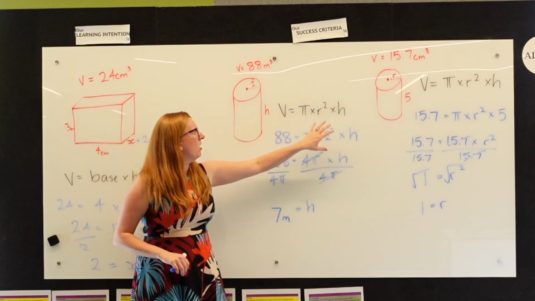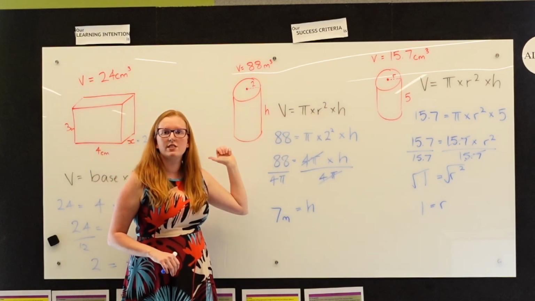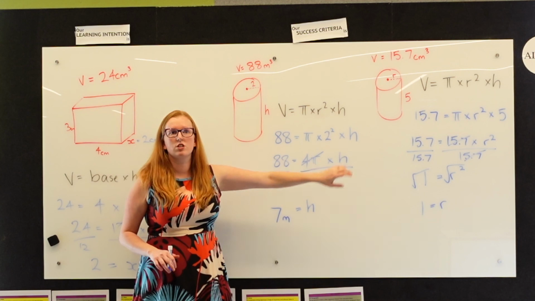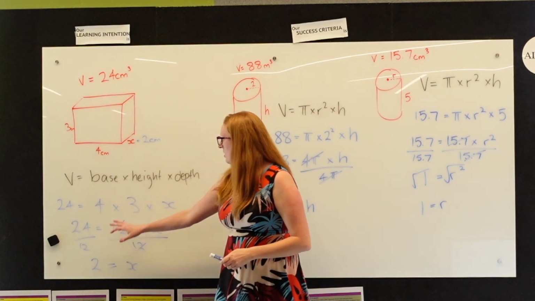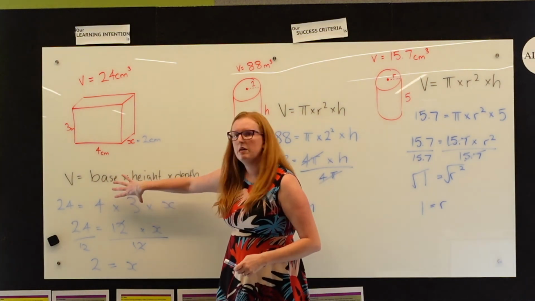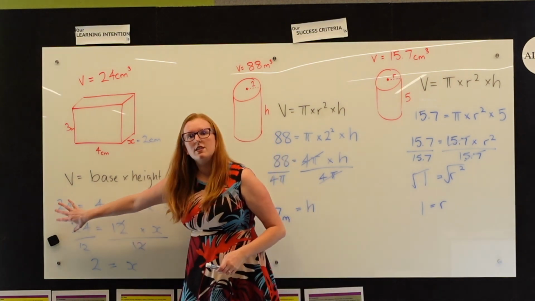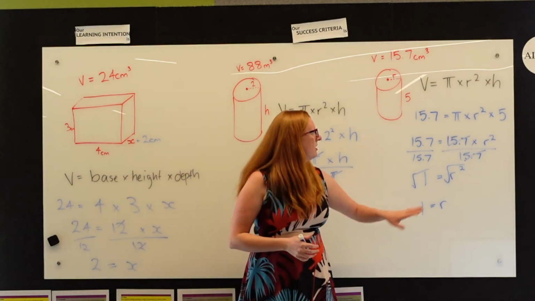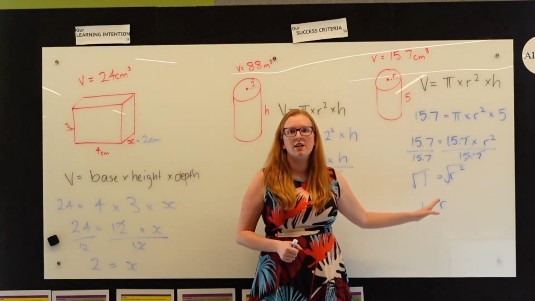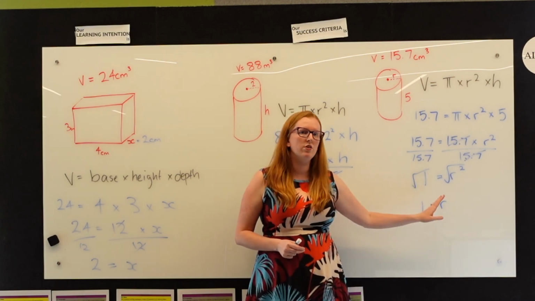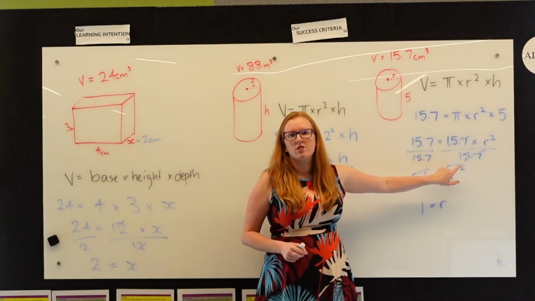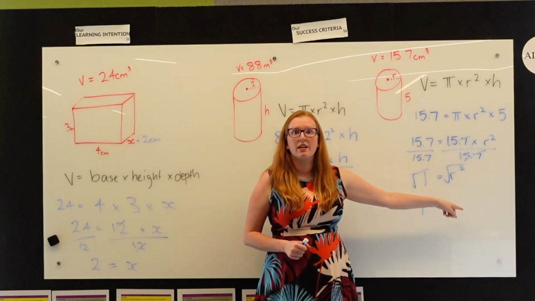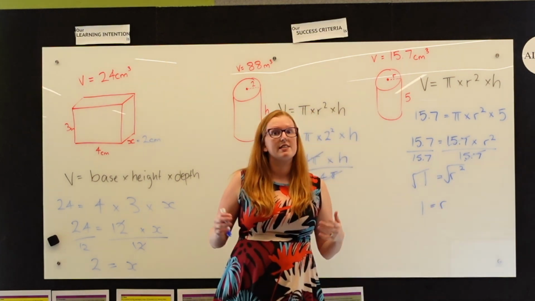So like here, I moved all this stuff over to the other side, so I was just left with H. I did the same here. Moved the 4 and the 3 multiplied over to the other side, so I just got X. And same deal here, moved them to the other side until I just got R on its own. But I didn't get R on its own, I had to square root to get rid of the squared. And that's how we work backwards.